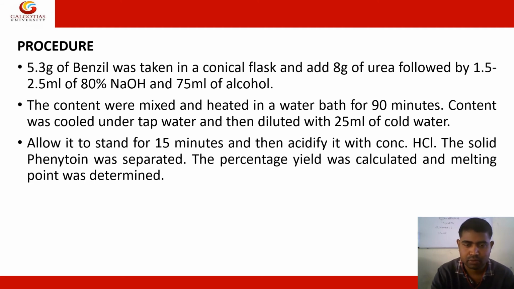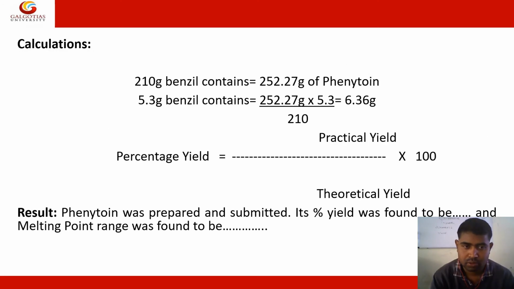So now let's move to the calculation portion. In the calculation portion, as you all know, the calculation can be done by correlation with the initial reactant. So here the initial reactant is benzil. So 210 gram of benzil gives 252 grams of phenytoin.